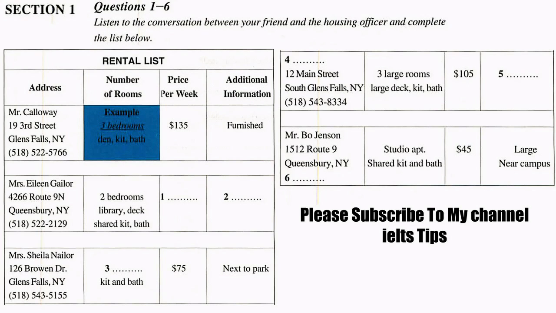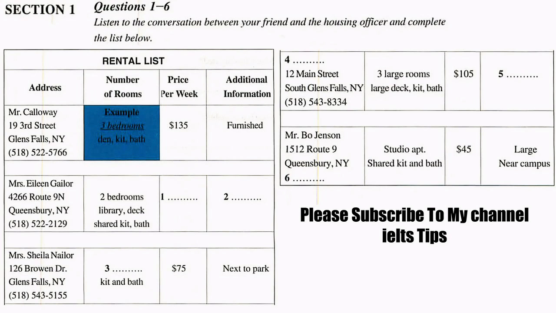First, you have some time to look at questions 1 to 6 on the housing list. You will see there is an example which has been done for you. On this occasion only, the conversation relating to this will be played first.